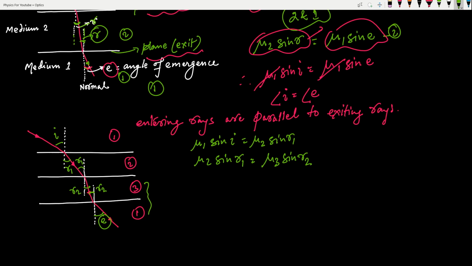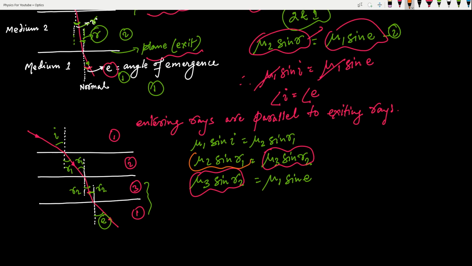Now if we look into the third and first pair, then we will get mu 3 sin R2 is equal to mu 1 sin E, that is the angle of emergence. So we got three equations. Now let's compare again. It's easy. Now mu 3 sin R2, mu 3 sin R2.